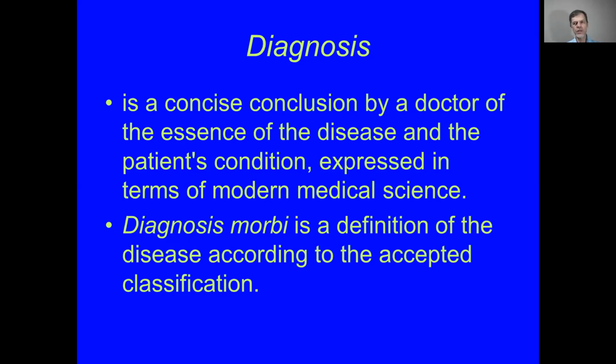To find a diagnosis means to express it in terms of modern medical science. All doctors use the classification of disease. For example, in different countries the names of disorders may sometimes be a little bit different. In our country, I will say that this patient suffers from Bazedov disease.